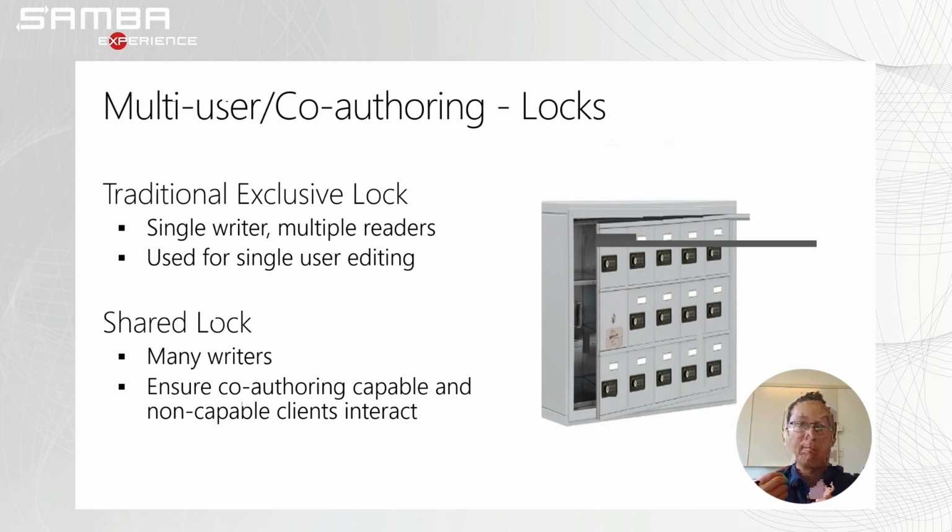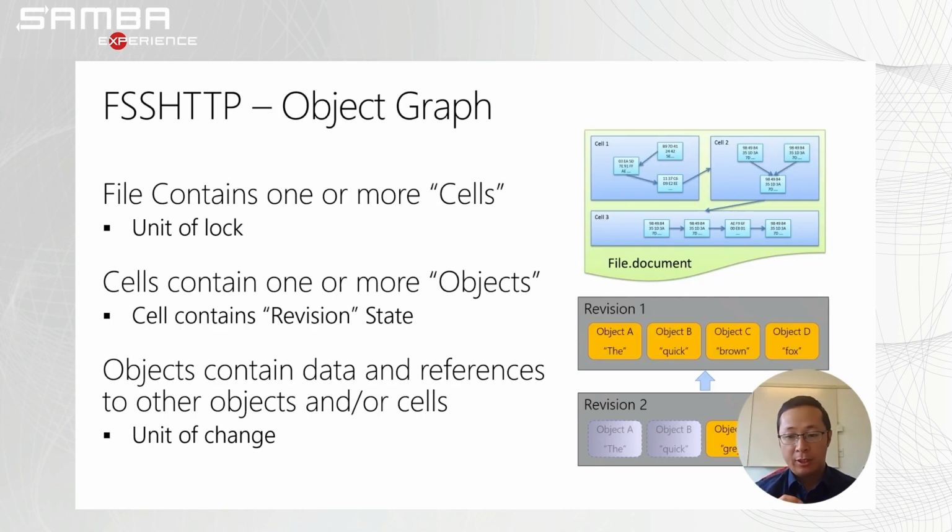So we have covered how shared locks work for FSSHTTP, right? But for the locks to work, they have to be placed on something. So here comes the FSSHTTP object graph. For each document, we first chunk the document into different units. We call them cells.